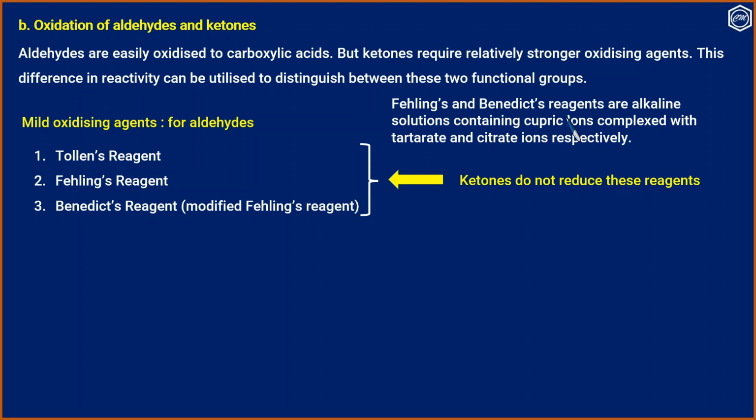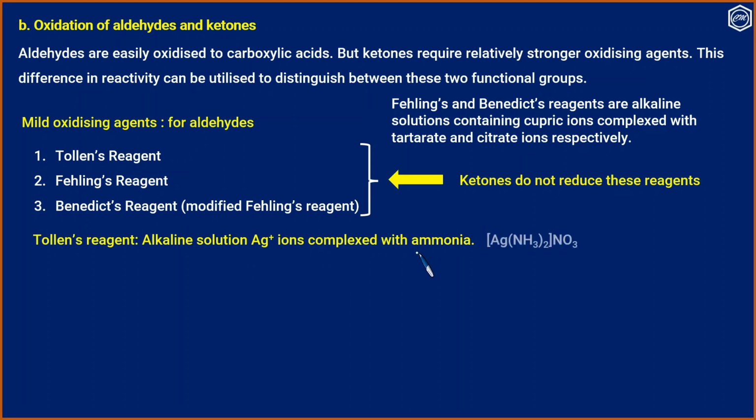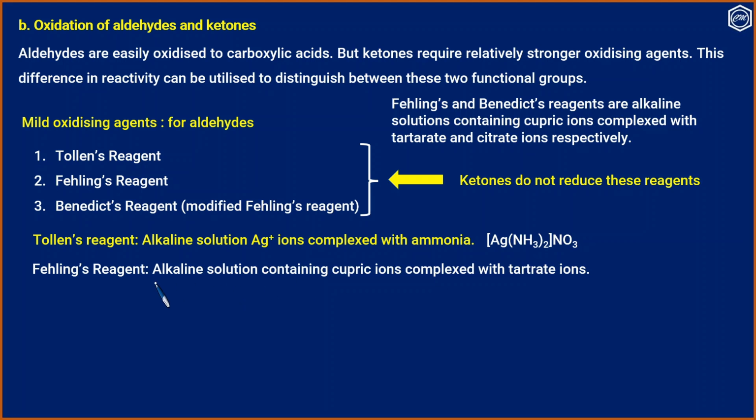Fehling's and Benedict's reagents are alkaline solutions containing cupric ions complexed with tartrate and citrate ions respectively. Tollens reagent is an alkaline solution containing silver ions complexed with ammonia. This is the complex. Fehling's reagent is an alkaline solution containing cupric ions complexed with tartrate ions.